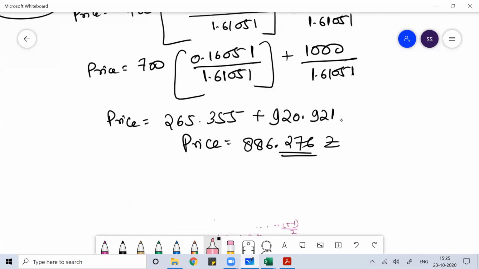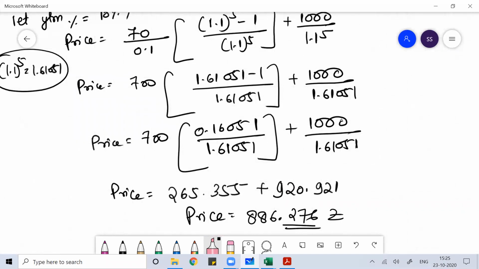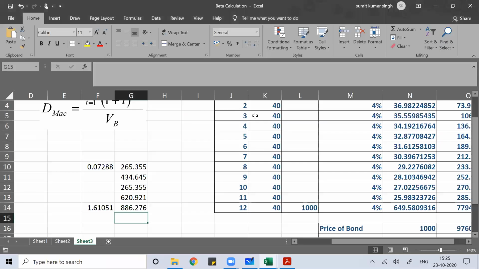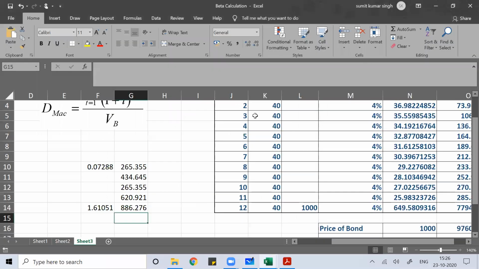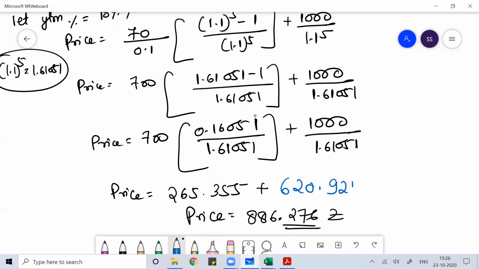Yogeshwari, you do the calculation again, you'll get 886 only. Okay, you mean this one, 620.92. Okay, yeah, I got it, 921.